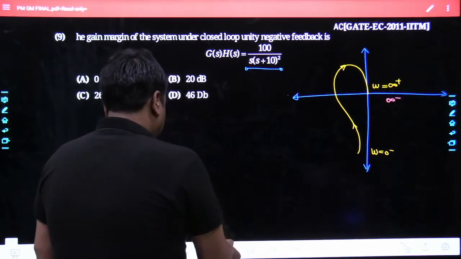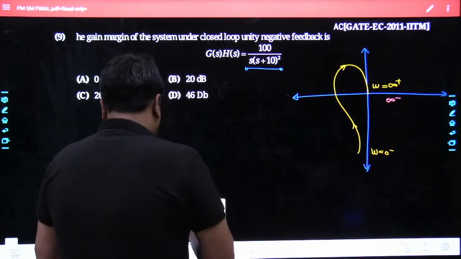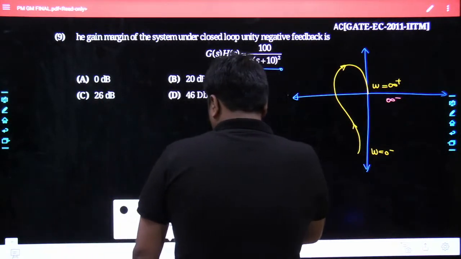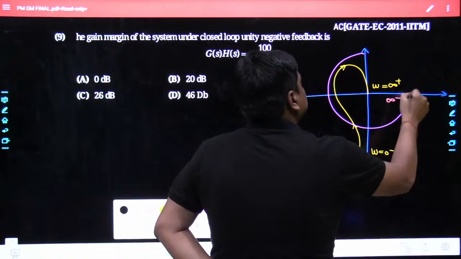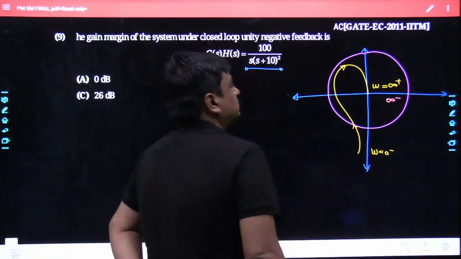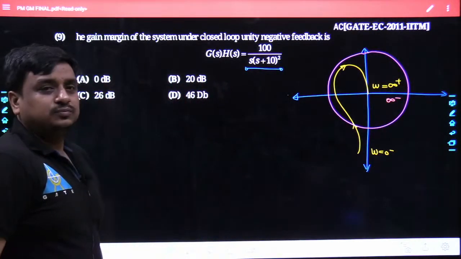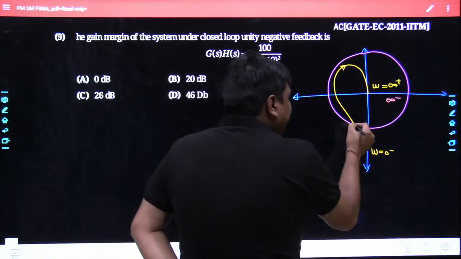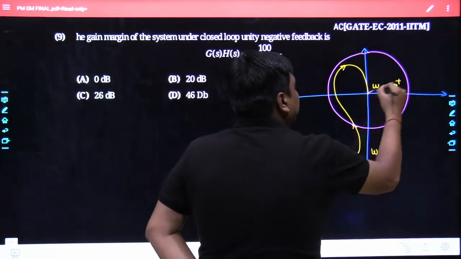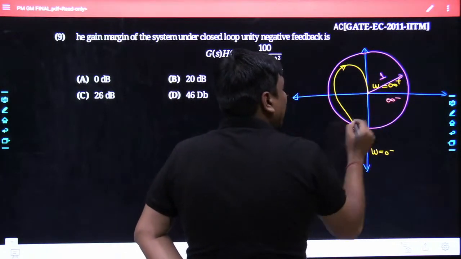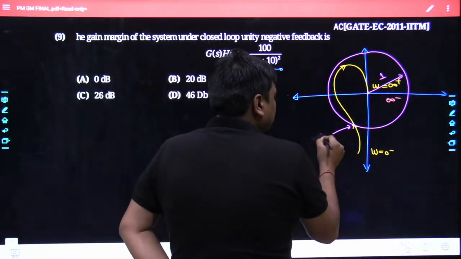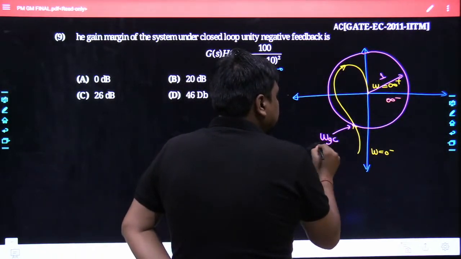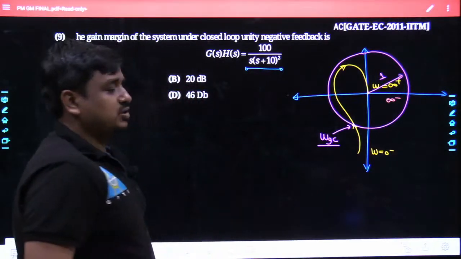Let's take a circle with the radius of 1. May I know which point it is? It's a point where the magnitude offered by the OLTF is precisely 1. So this operating frequency would be omega GC. Nobody should have any doubt as such.